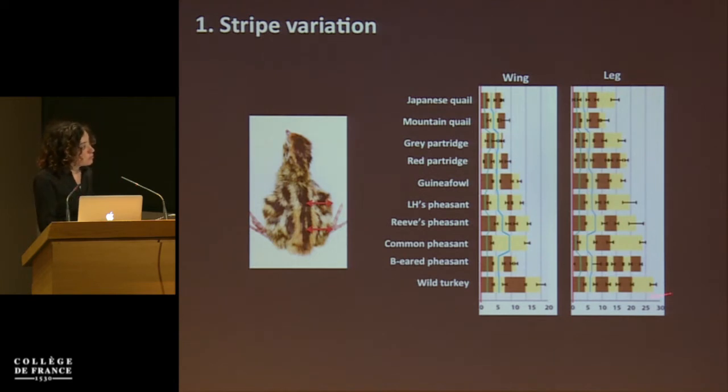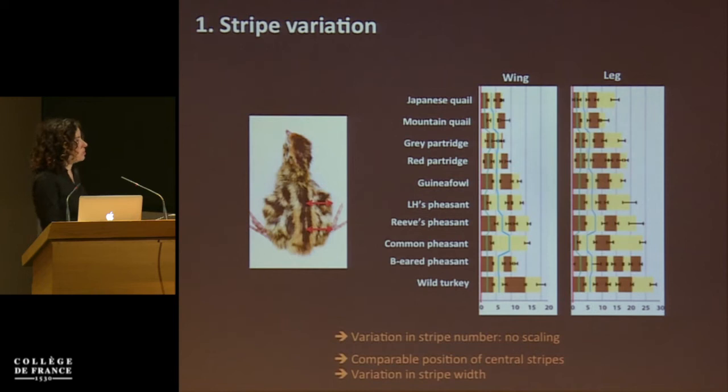And also we have often more stripes in larger animals, such as the blue-eared pheasant or the wild turkey, compared to smaller animals, such as the Japanese or mountain quail. So what this tells us is that with dorsum size, there is an increase in stripe number. So the variation in the pattern is not due to simple scaling of the same motif.